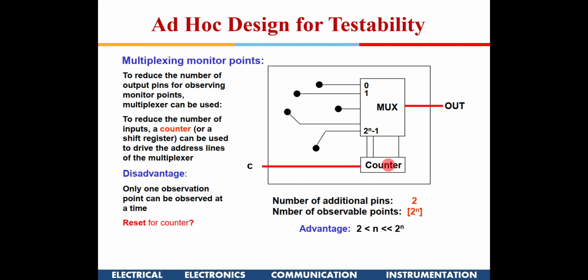We need to design this counter, and when we start the testing, after giving the test vectors and the results are available, then you can trigger the counter, starting from 0 0, and it moves forward. So all these signals will keep coming out one by one, and all this data coming out can be captured and analyzed later.